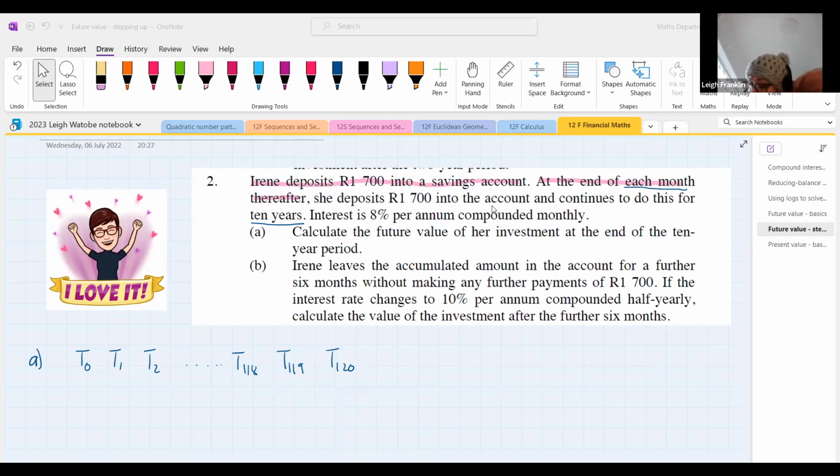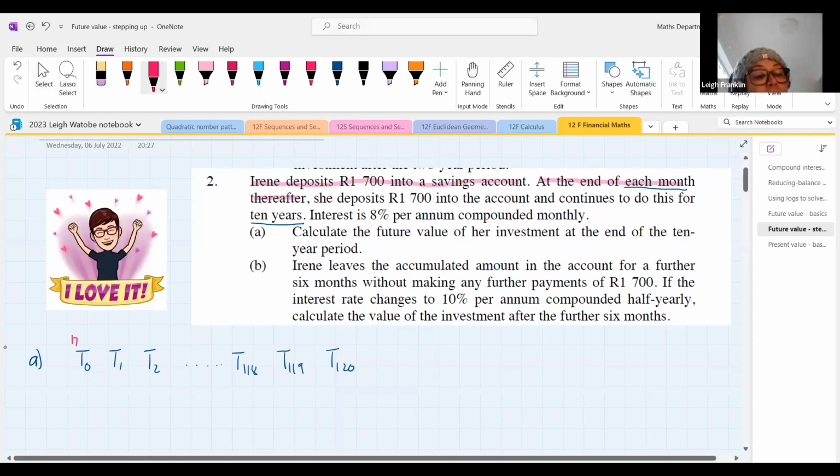So what they are implying, Matrix, is that in the first year, there are 13 payments. In the first month, there are 2 payments, one at the beginning of the month and one at the end of the month. That's what they are implying.